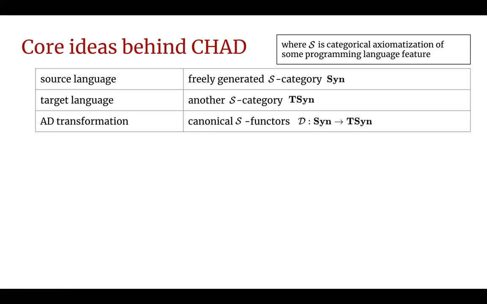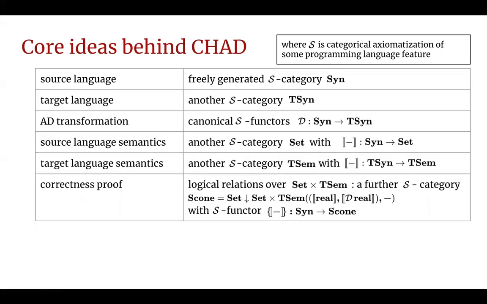The source language is the language where the programs that automatic differentiation consumes come from. And then we see that automatic differentiation becomes the unique canonical S functor, so the canonical homomorphic functor from the source language to the target language, which we know exists by the universal property of the source language.